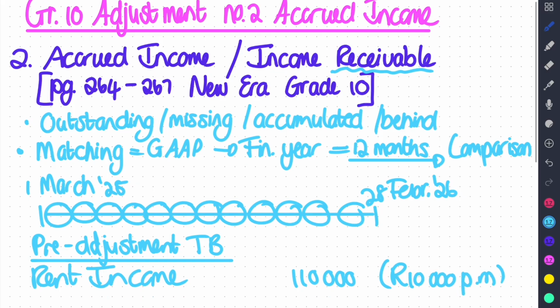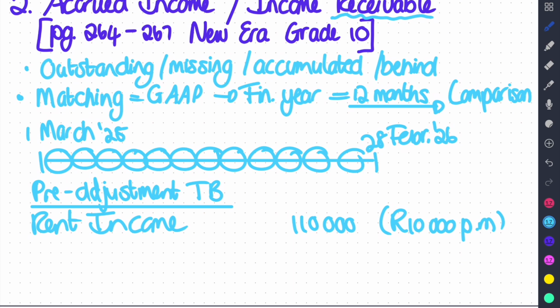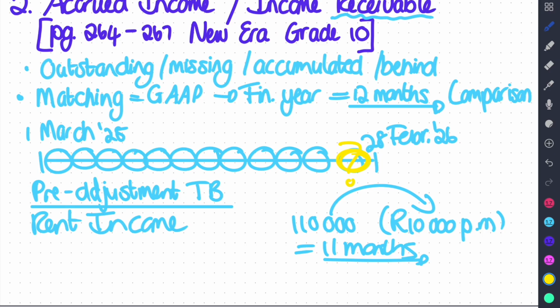Immediately, you can do the mental maths, 110,000 divided by 10,000, and you come to the conclusion that you have only received 11 months worth of rent. So that means this last month of February is missing, and you need to now include it in your books.